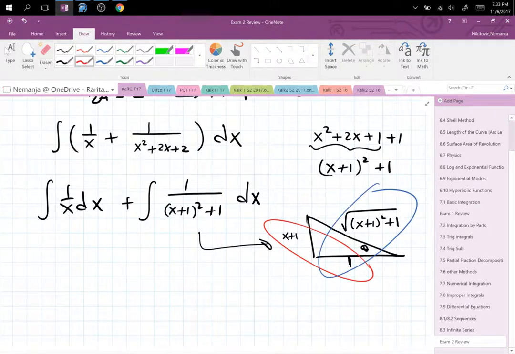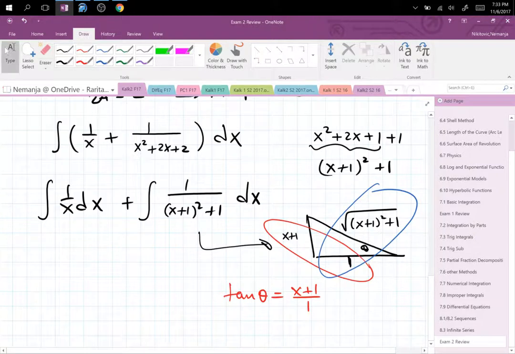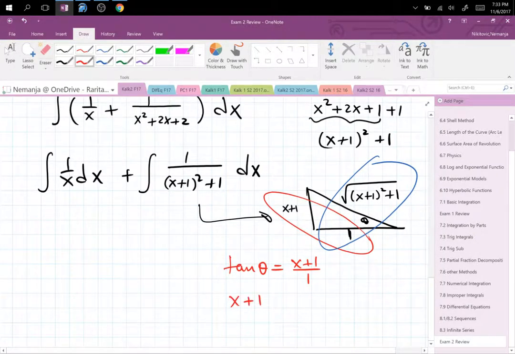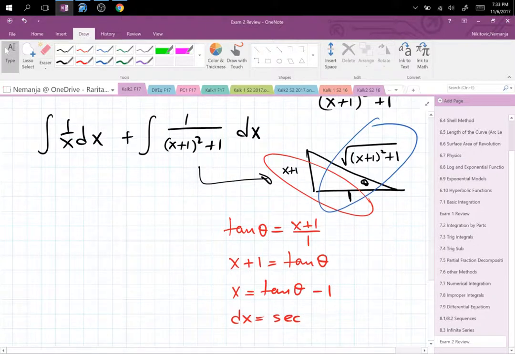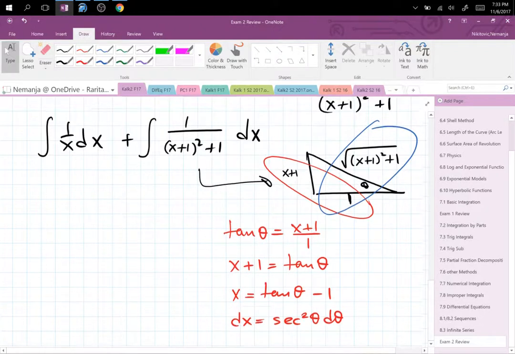Create my red equation: tangent theta is x plus 1 over 1, from where x plus 1 is tangent theta, and dx is, by the derivative of tangent, secant squared theta d theta. Well, that was quick.